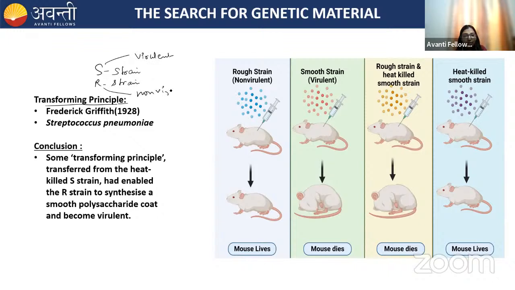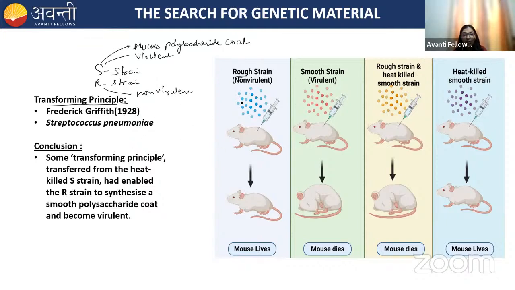The S strain is virulent because it can synthesize a mucus polysaccharide coat, whereas the R strain cannot synthesize the coat, because of which it appears rough.